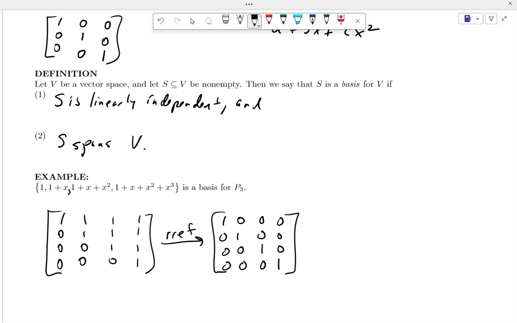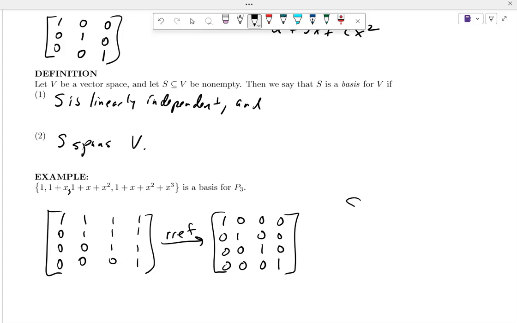The only way to do that when I row reduce is to get the identity matrix. So it's linearly independent because of the pivot in every column. It spans because of the pivot in every row. It does both because I see the identity matrix when we're done.